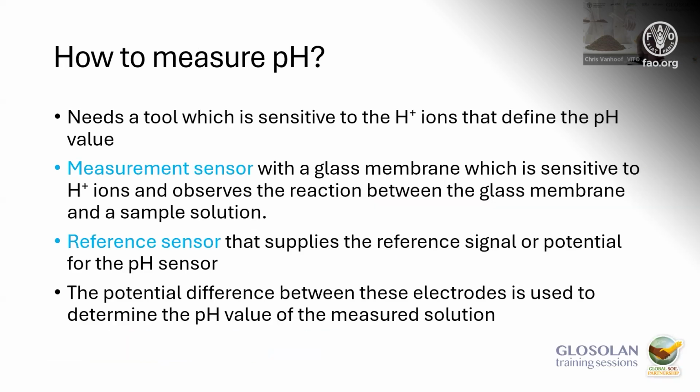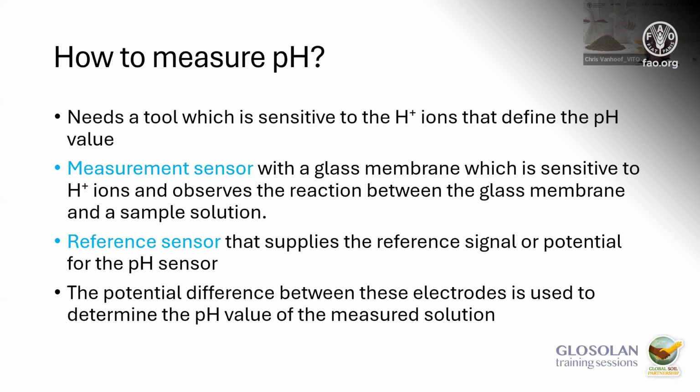How to measure pH? Of course, you need a tool which is sensitive to the hydrogen plus ions that define the pH value. It is composed of two electrodes. First of all, a measurement sensor, which contains a glass membrane at the bottom, which is sensitive to the hydrogen plus ions and also observes the reaction between the glass membrane and the sample solution.